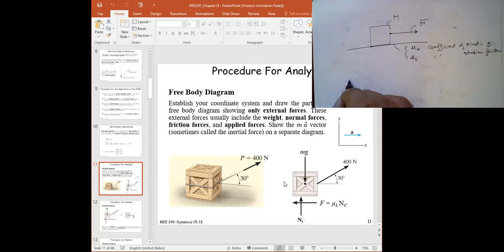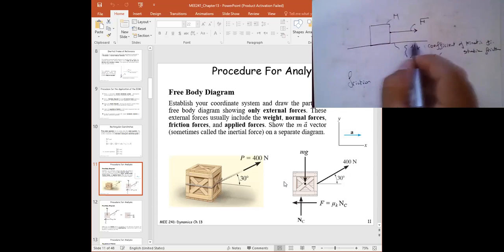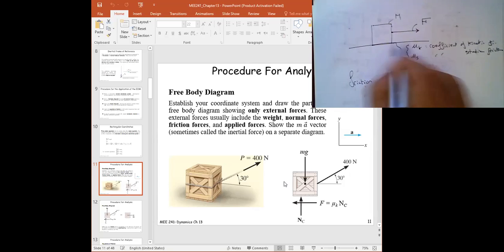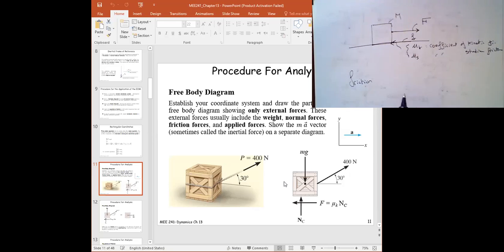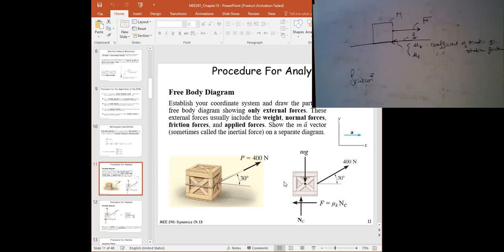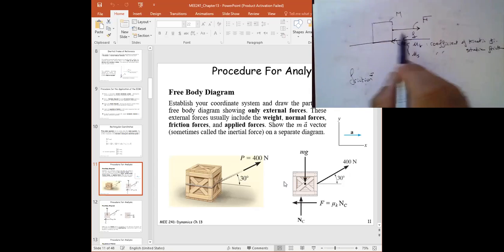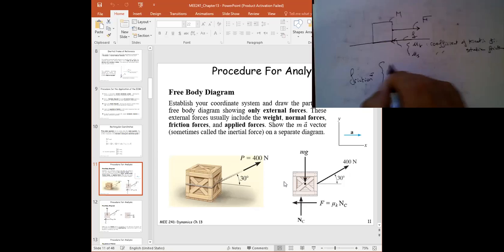If we were writing what my friction force is, how would it look? It's going to be opposing the motion, and I'm going to label it like that. So what is my friction going to be equal to? It will have a maximum value.